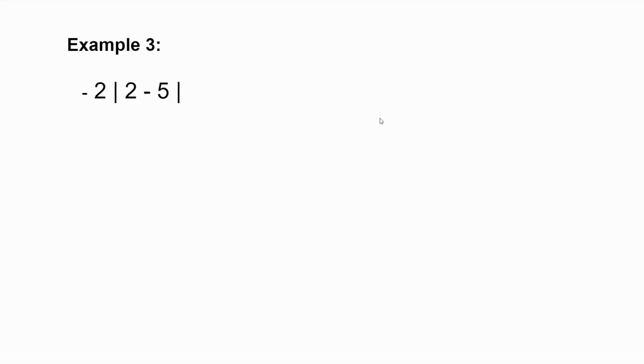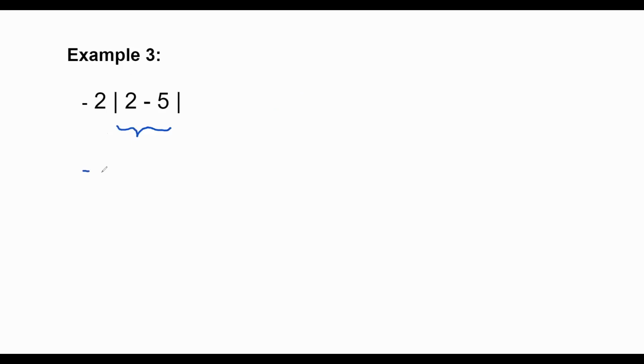It's a pretty simple concept once you get used to it. Example number 3, we have a little bit more going on here. First, we want to do what's inside of this. So negative 2, and this is multiplication here. We're multiplying negative 2 times what's in the absolute value here. That's going to be the absolute value of minus 3, which is just going to be positive 3.